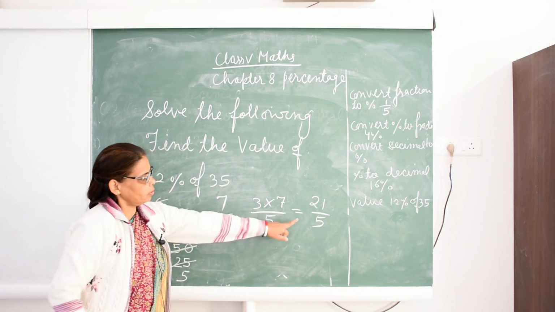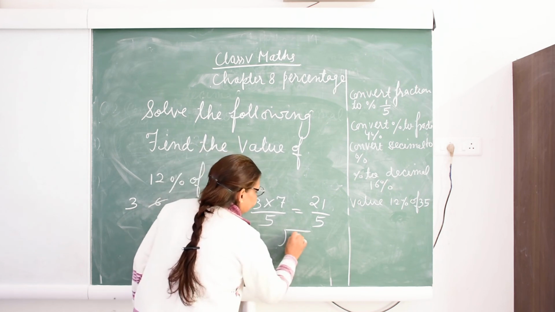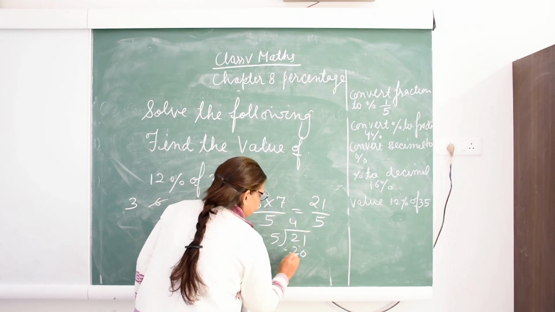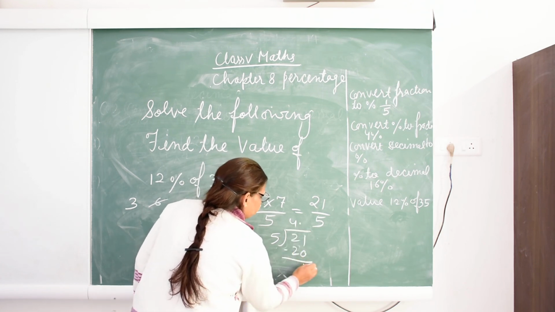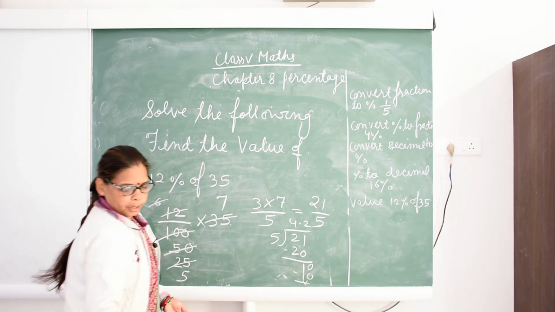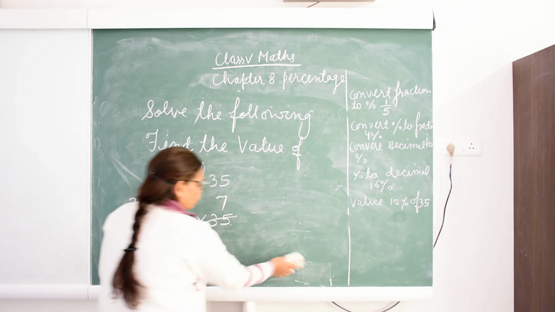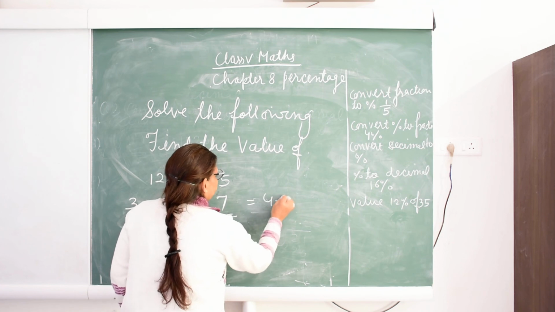When you divide this 21 by 5, you are getting 4s are 20, 1.0, 5 2s are 10. So 4.2 is the value of 12% of 35, 4.2.